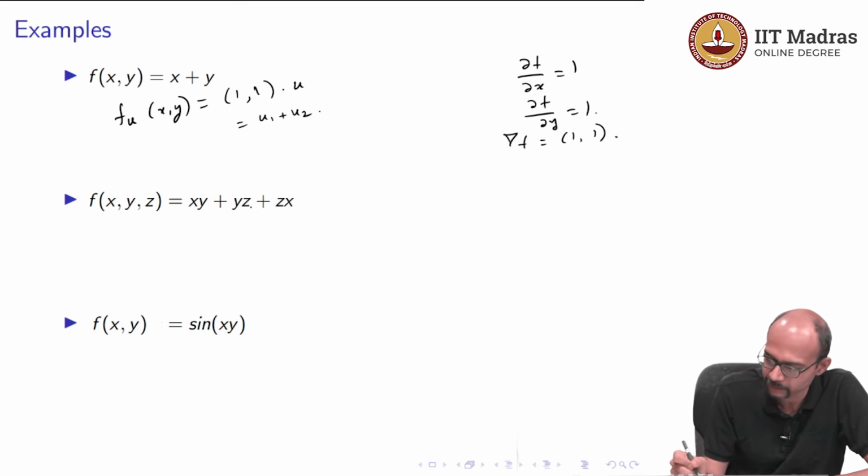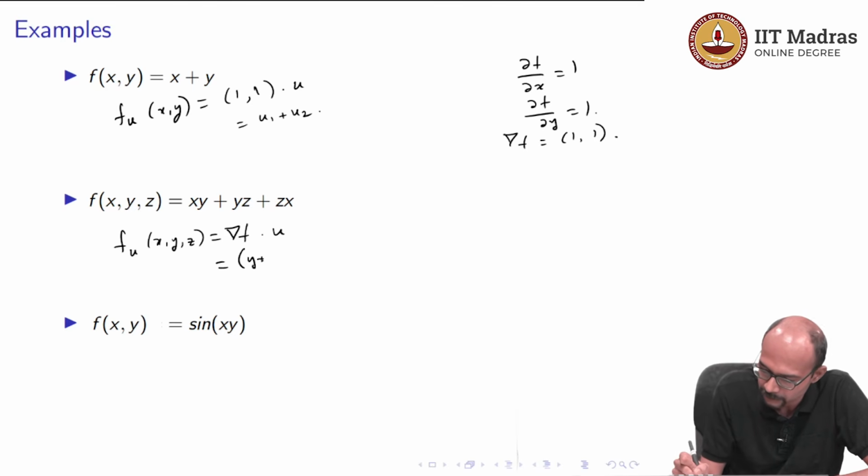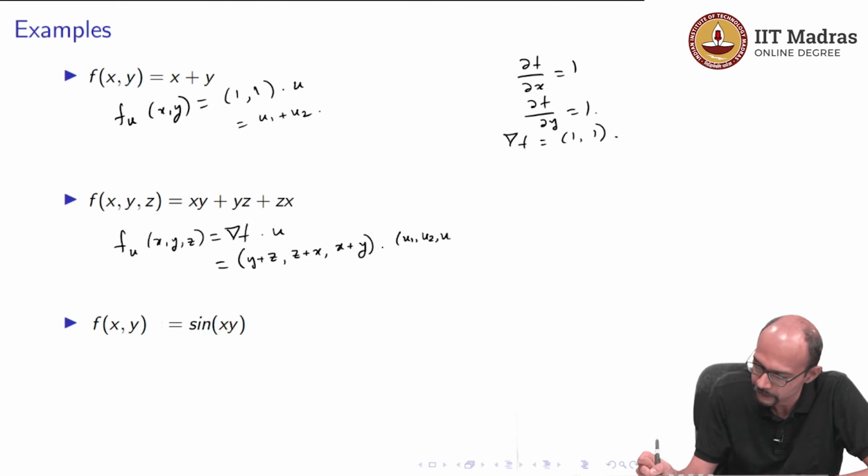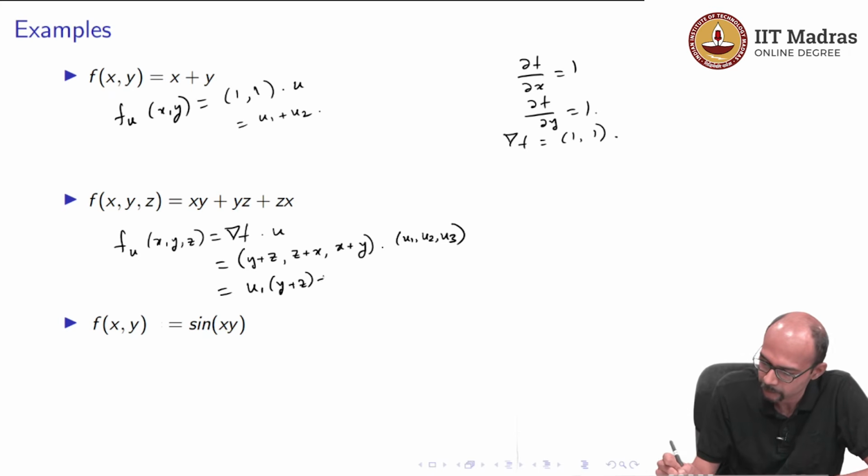Okay. This is something that we did just a few minutes ago, but I am going to emphasize that if we use this formula, this is just a one step procedure. So, this is y plus z, z plus x, x plus y dot with u1 u2 u3, which is u1 times y plus z plus u2 times z plus x plus u3 times x plus y.